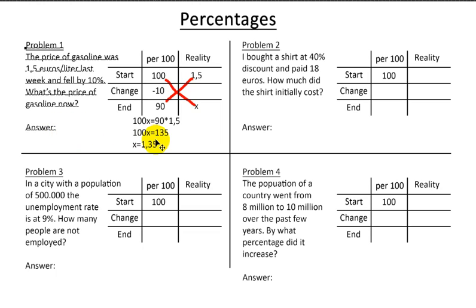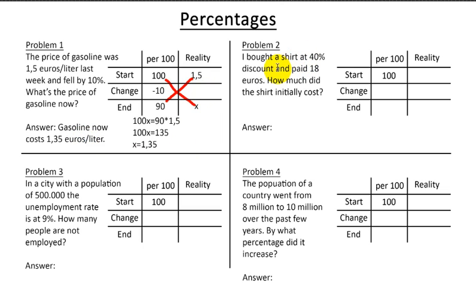So my answer should be: gasoline now costs 1.35 euros per liter. If you didn't put the per liter part, that's okay. It's the most correct, but I wouldn't count it as wrong if you forgot this part, basically.